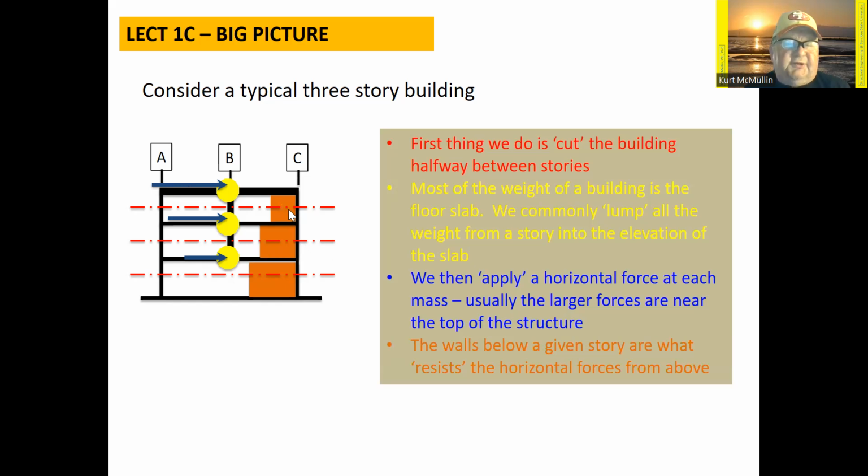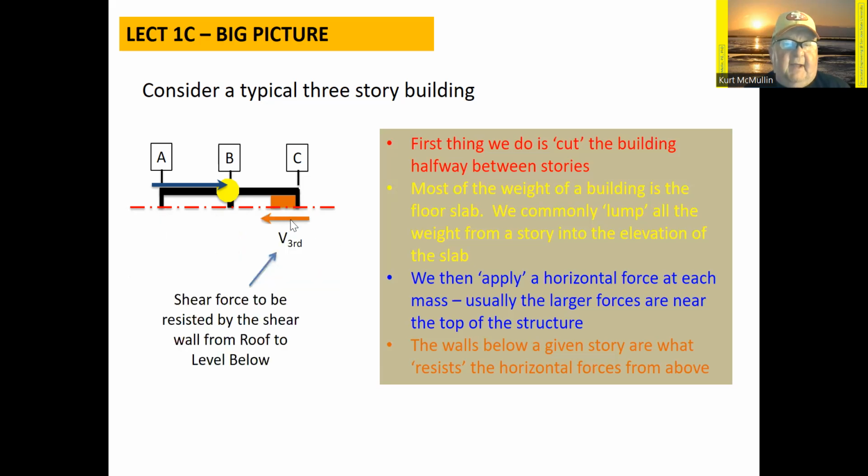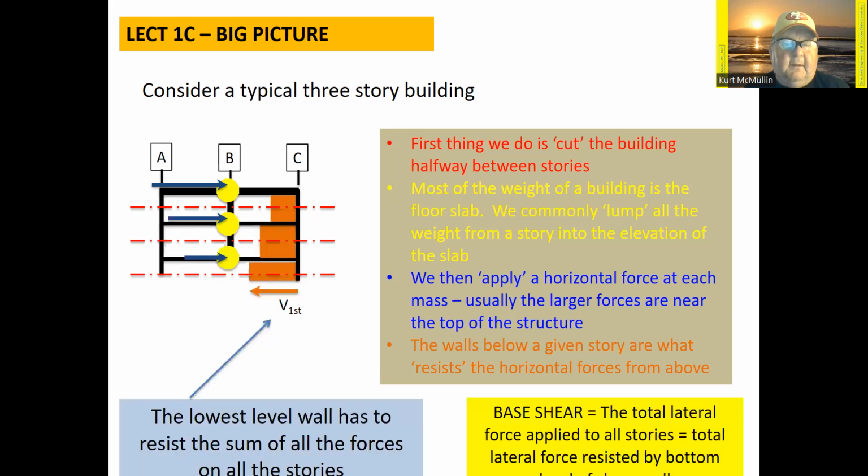The walls on any particular floor have to resist all of the forces that are being applied to stories above the wall we're interested in. So for example, at this upper level, the shear on that third floor shear wall is going to be equal to the horizontal force generated by only the roof.